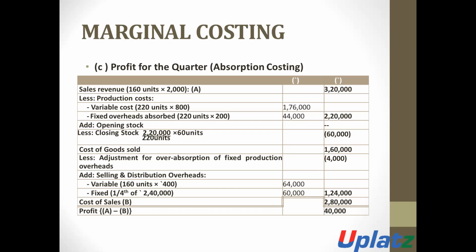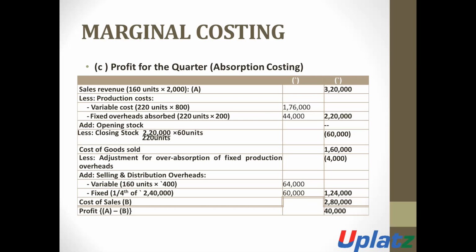The selling and distribution overhead is 400 rupees per unit and we sold 160 units. Then the total amount of variable cost is 64,000 rupees and the fixed cost is 2,40,000 divided by 4 because it is related to only a quarter. Then 60,000. Then the total amount of selling and distribution overhead is 1,24,000.